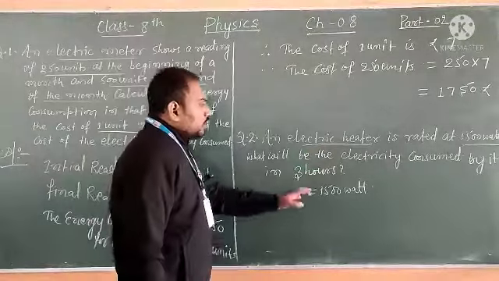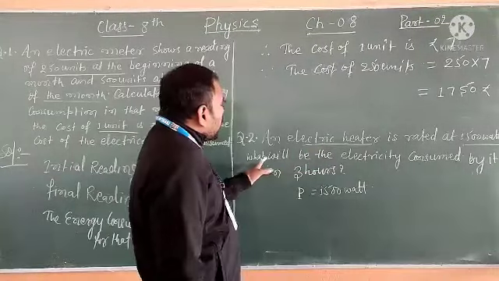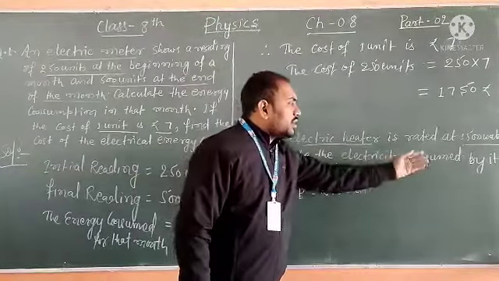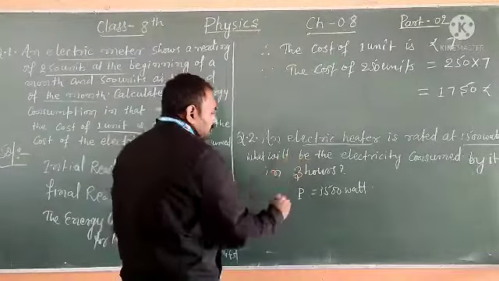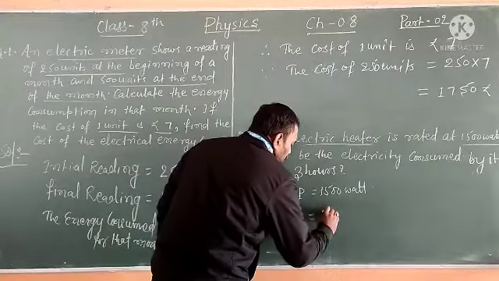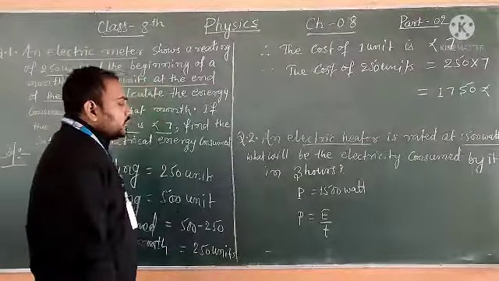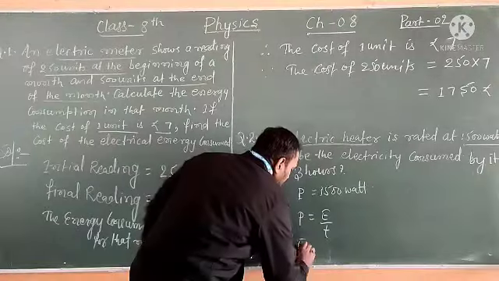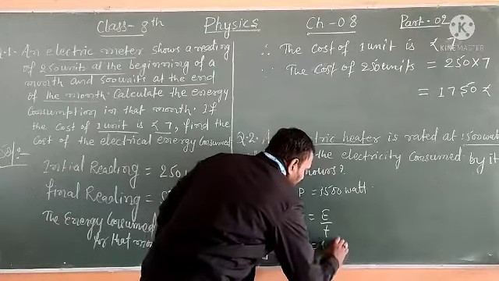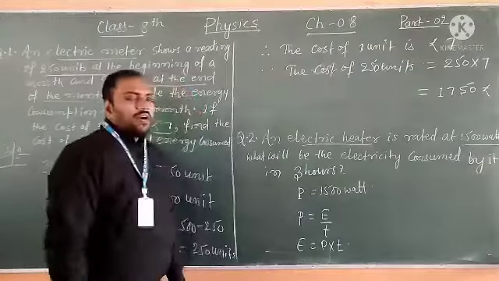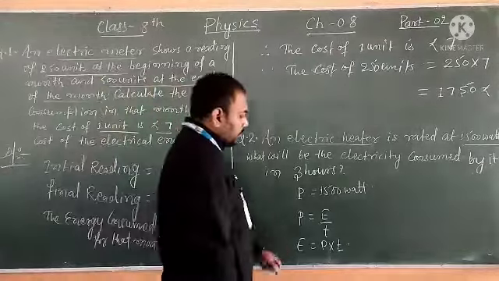So it is asking what will be the electric energy consumed. Here, as we know, power is equal to energy upon time, so energy will be equal to power into time.